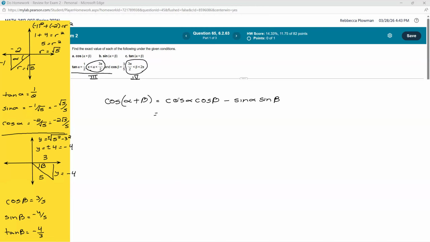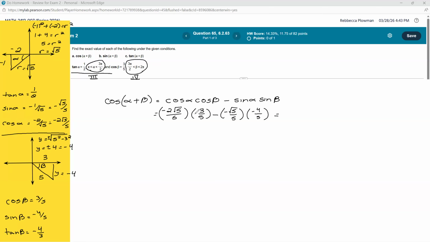We know that cosine alpha is going to be right here, negative 2 square root of 5 over 5. Cosine beta is going to be 3 over 5. Sine alpha is the negative square root of 5 over 5. And sine beta is negative 4 over 5.